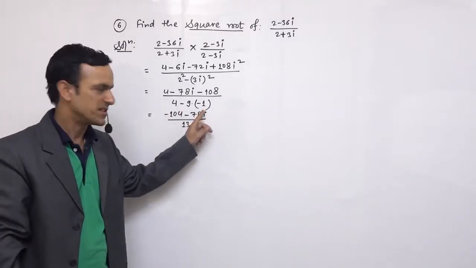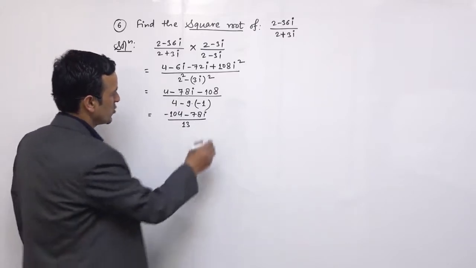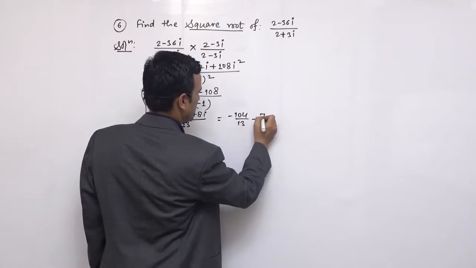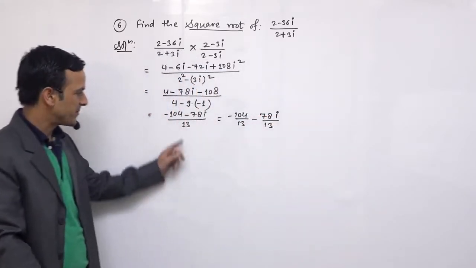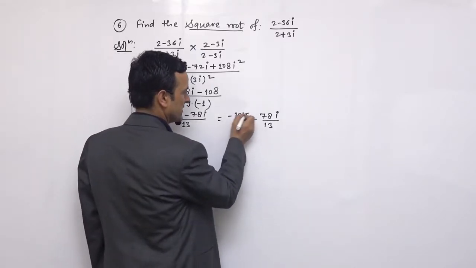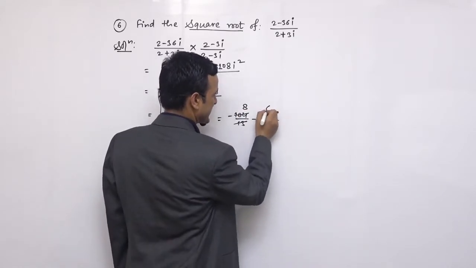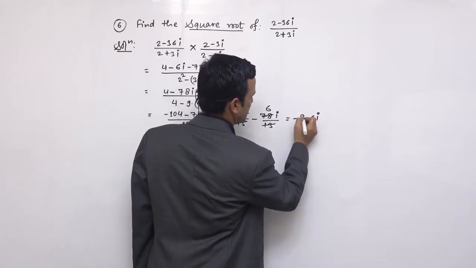Minus minus is plus, so 9 plus 4 means 13. We can separate it: minus 104 divided by 13, 78i divided by 13. 13 8s are 104 and 13 6s are 78, so we get minus 8 minus 6i.